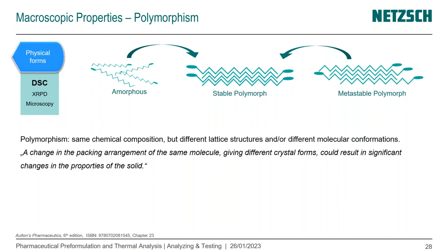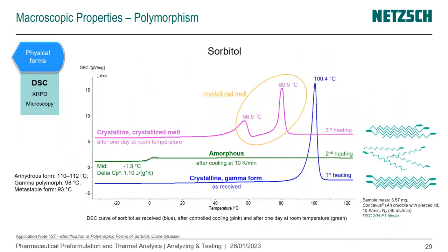And there are cases in the market that it happened. The pharmaceutical product has to be withdrawn from the market because the bioavailability changed when the metastable polymorph changed again to the stable polymorph.